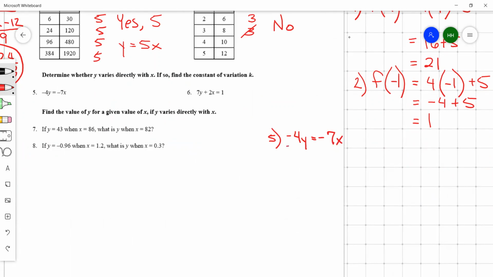Well, you can divide both sides by -4, and these would cancel, and y would equal 7 over 4 times x. And if y equals 7/4 x, then that's a yes, isn't it? Because it's in one of those two forms: y equals a constant times x. And if so, find the constant of variation. Well, your constant is 7/4.